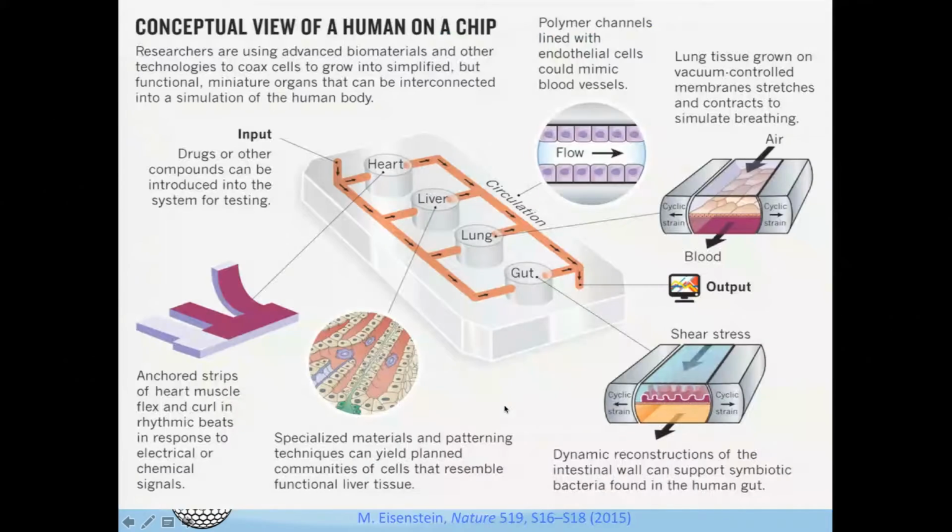So this is ongoing. And in the future, people are talking about human on a chip, right? You can print liver, you can print heart, you can print gut, you can print many other things. And you can organize these miniaturized microphysiological tissues or organs to have a systematic study of the drugs or other disease mechanisms. With printing, you can create a disease model instead of just healthy models.